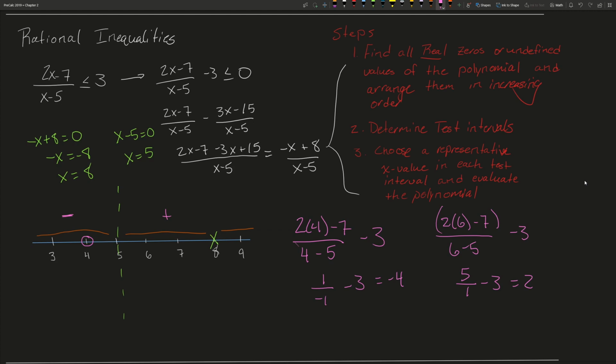Then we choose something to the right of 8. So if we choose 9, we get 2 times 9 minus 7 over 9 minus 5 minus 3, which simplifies to 18 minus 7 over 4 minus 3, which is 11/4 minus 3, which will be negative.